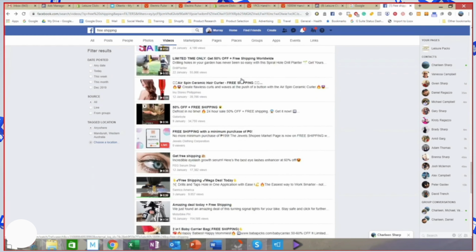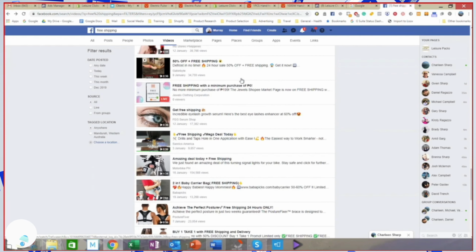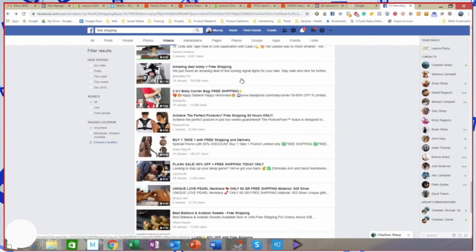So for example, the angle for fitness, there could be a story about how this is awesome for people trying to lose weight. There could be another story of how this is awesome for people to get abs. There could be another story how this is awesome for pregnant mums that want to get back into fitness. So that is multiple stories for the one angle.